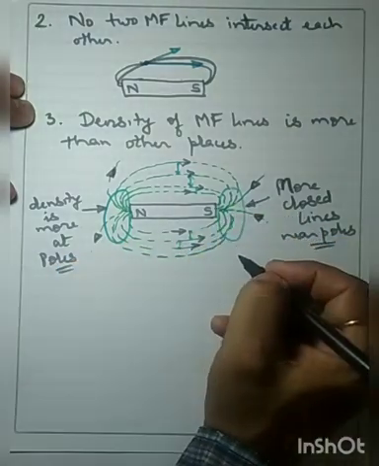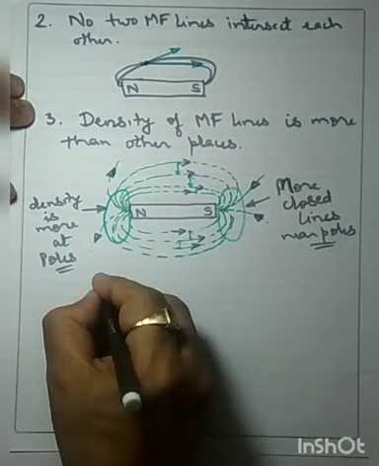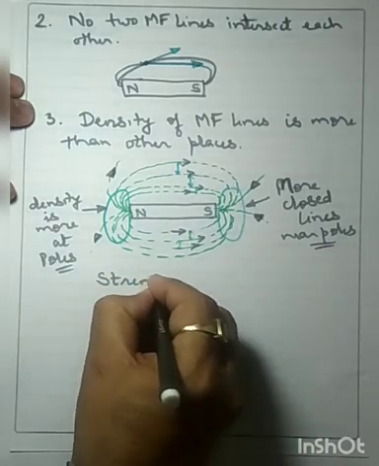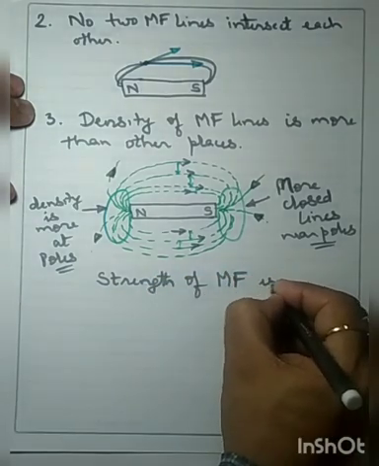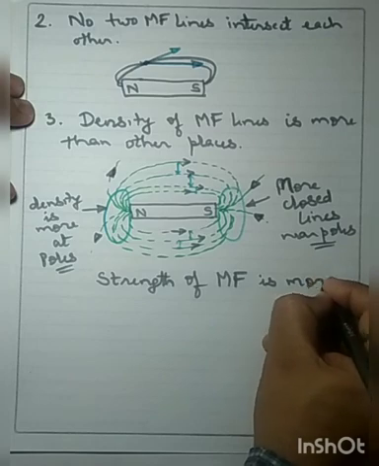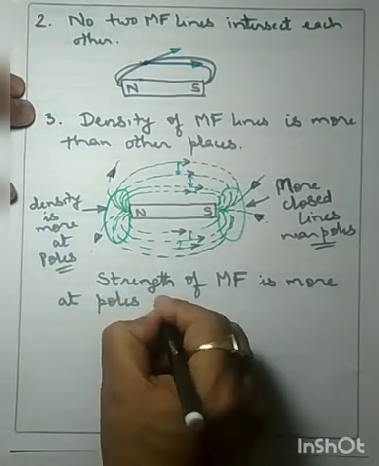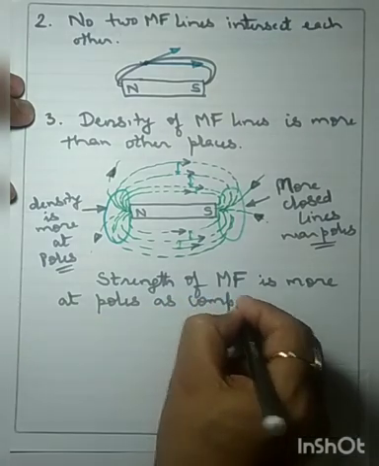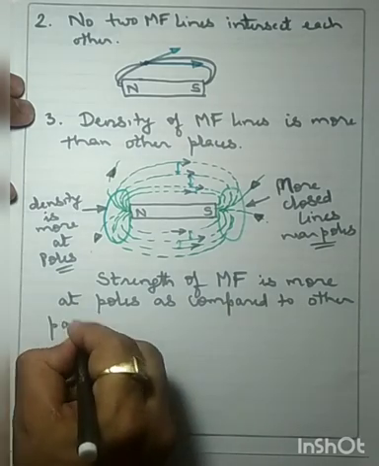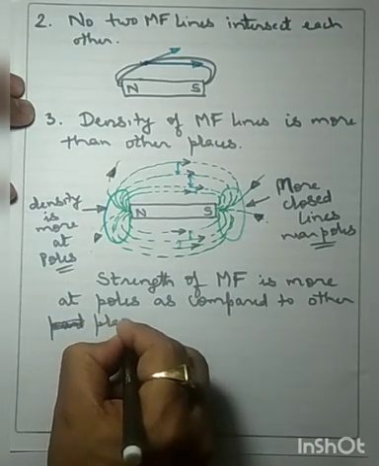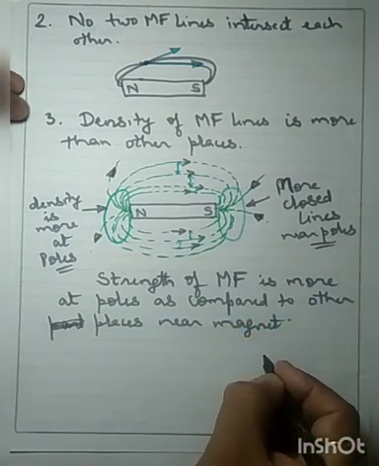So if the density is more, then the strength will be more. So we can say that the strength of magnetic field is more at poles as compared to other places near the magnet.